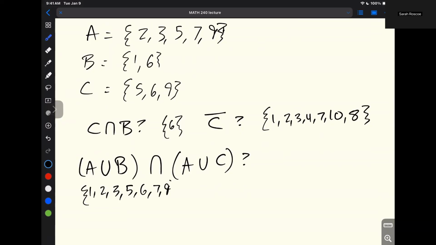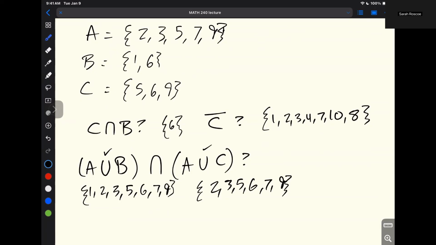And then what's A union C? Well, I think it's just A with a 6 in it. So 2, 3, 5, 6, 7, 9. Now we've got this and now we've got that. Now we just intersect those two sets.